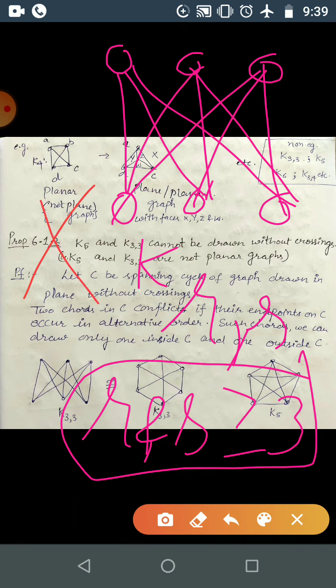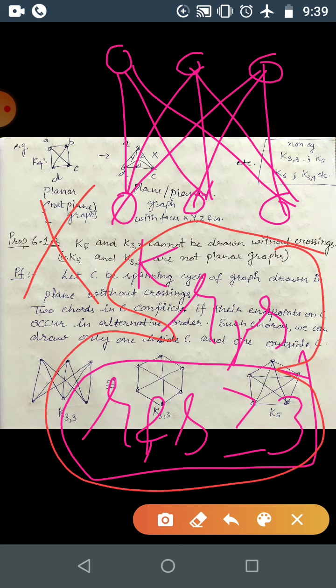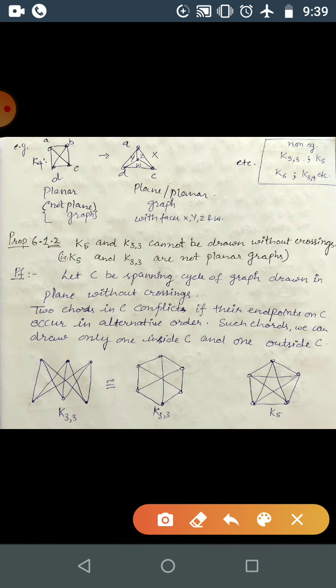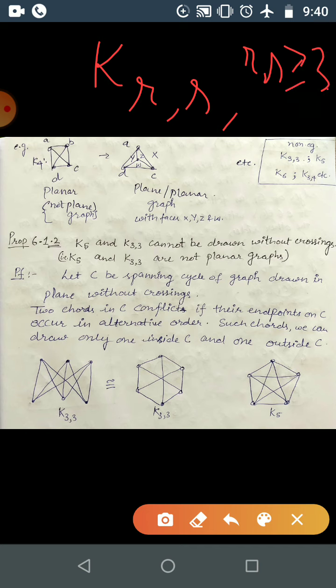And all other complete bipartite graphs which are not planar are these: K R,S, where R and S both are greater than or equal to 3. Okay, so these are non-planar.